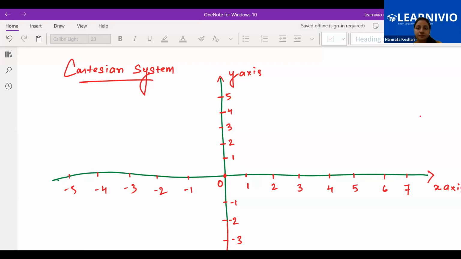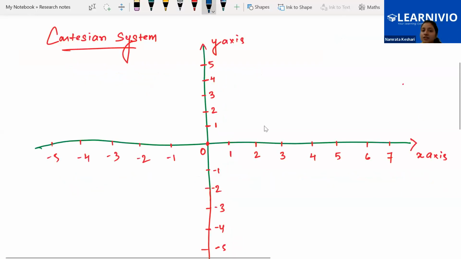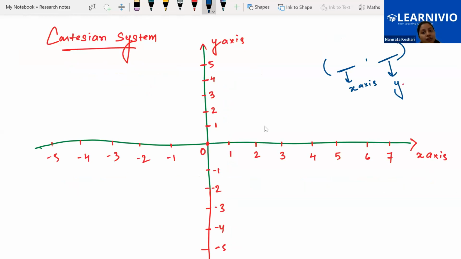So first, we understood that the first number represents the number on the x-axis, then a comma, and the second number represents the number on the y-axis. The first number has one more name, called abscissa, and the number on the y-axis has one more name, called ordinate.